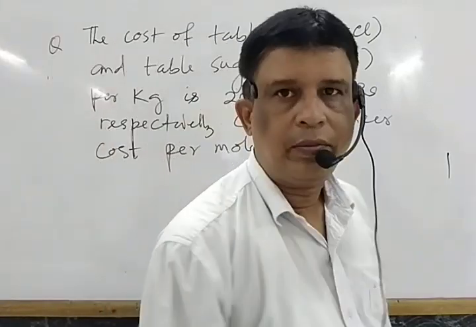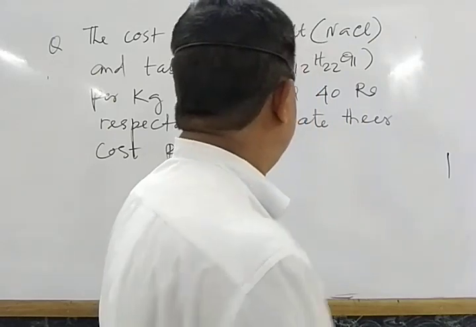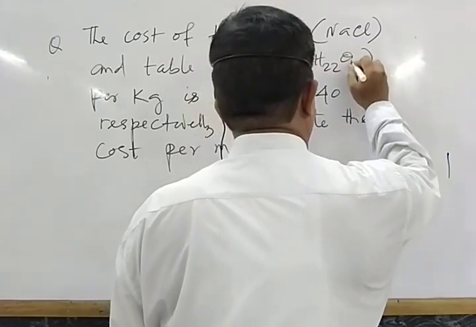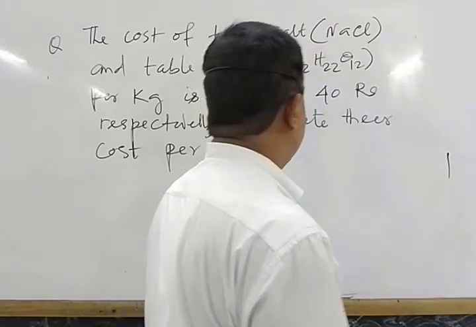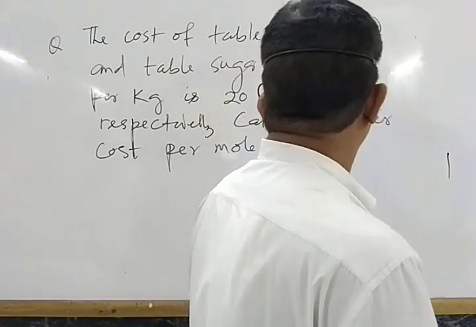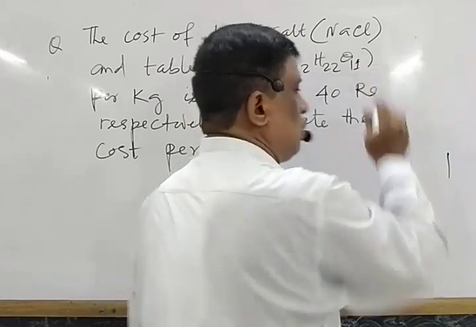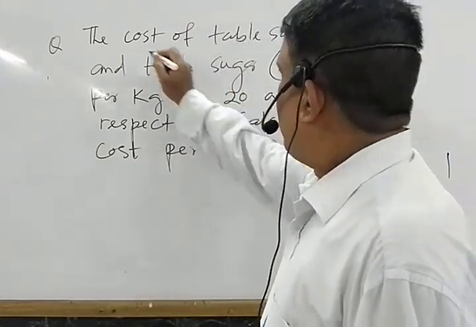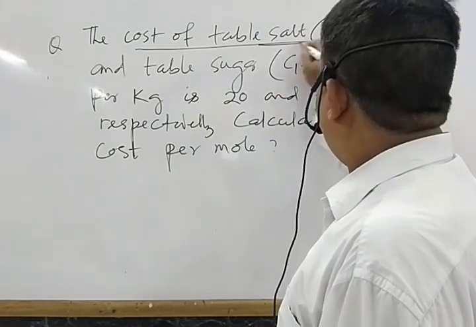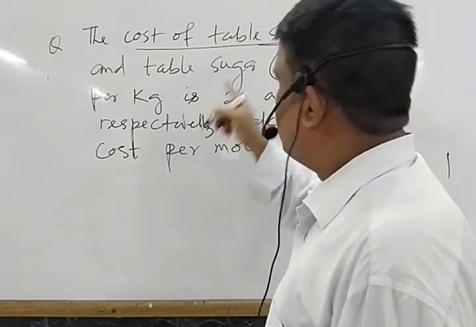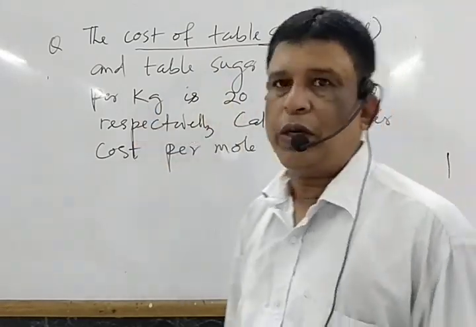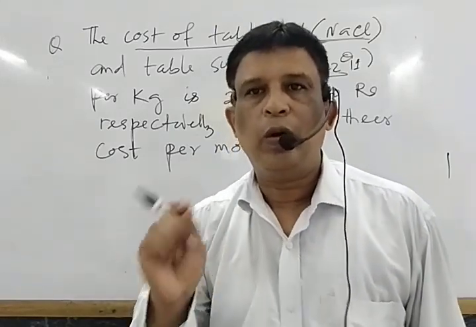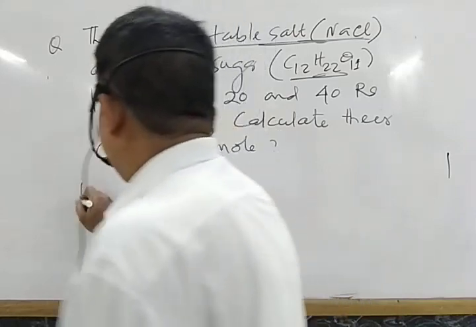Mark that. C12H22O11. Okay. So mark that. What is the question? The cost of sodium chloride and sucrose per kg is given as rupees 20 and rupees 40. We have to calculate per mole. That means answer.